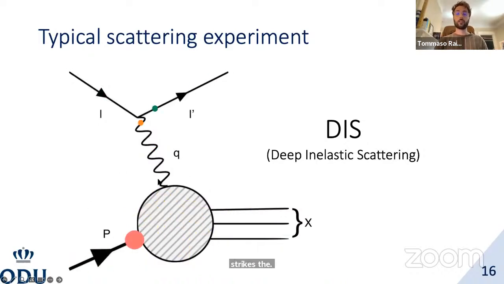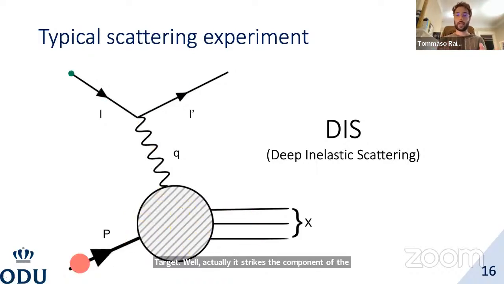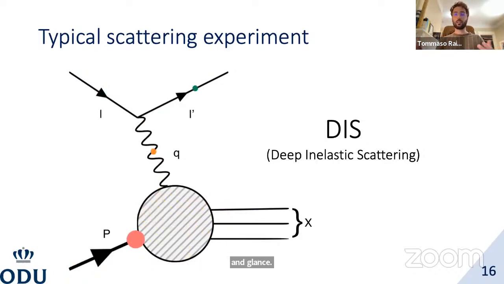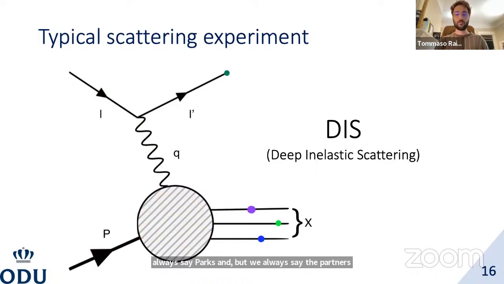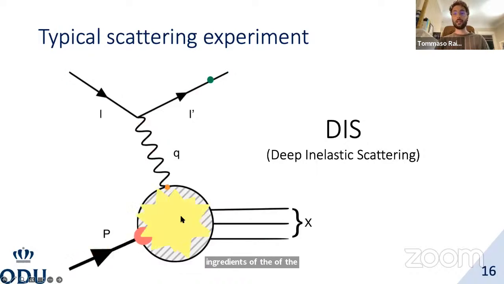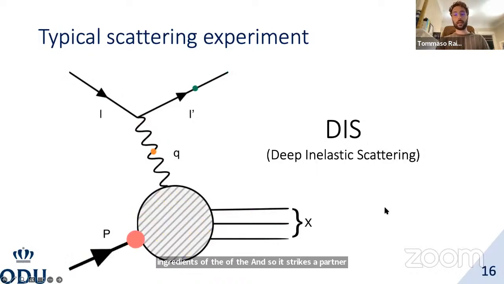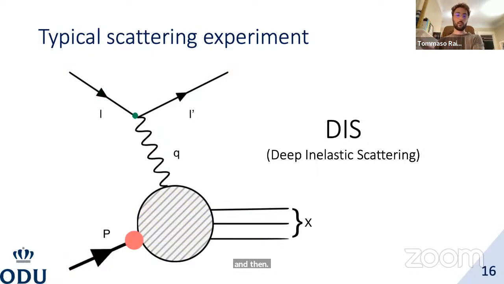Well, actually, it strikes a component of the target, which we know should be quarks, antiquarks, and gluons. Now, when we deal with factorization, we actually don't always say quarks, antiquarks, and gluons, but we say partons, because those are basically the ingredients of the hadron. And so it strikes a parton, and then something else happens, so that in the final state, you'll see other hadrons.